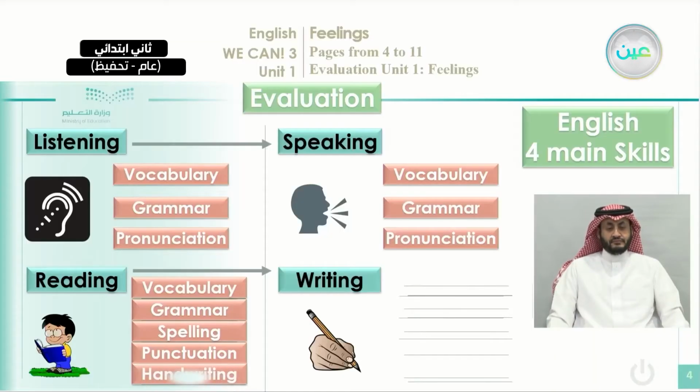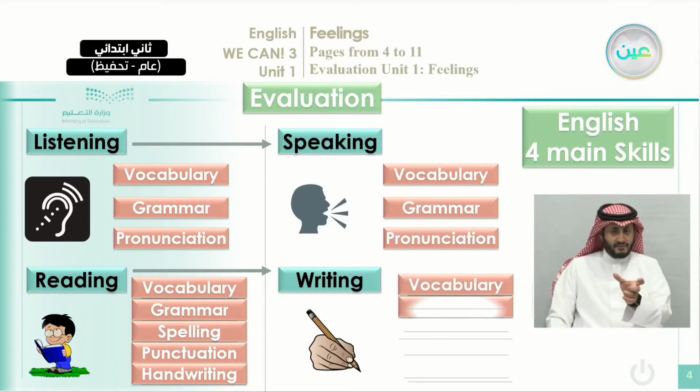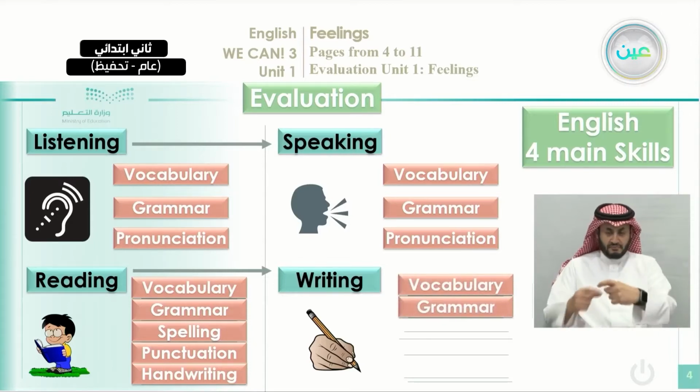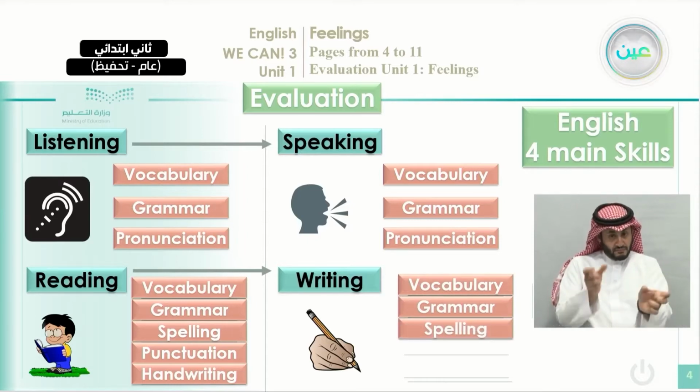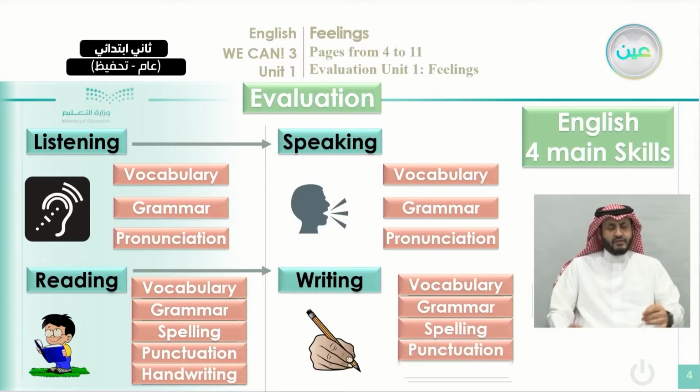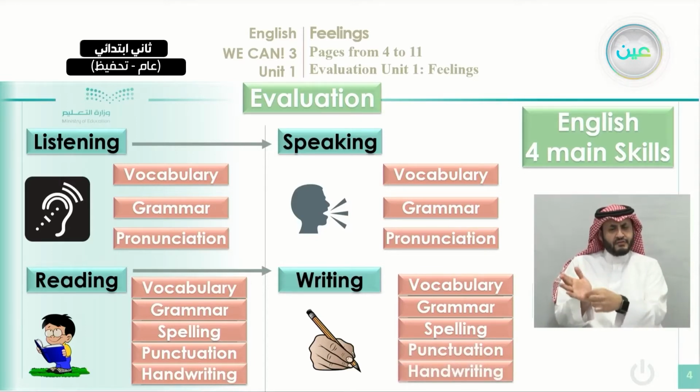And the last thing is handwriting. Also when you read printed papers, for example, or printed books, that will improve your handwriting. So you write in good vocabulary as a result of good reading, and also you write in good grammar, in good spelling, in good punctuation, and in good handwriting.